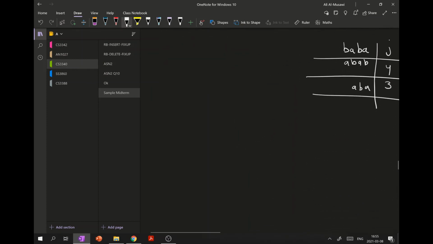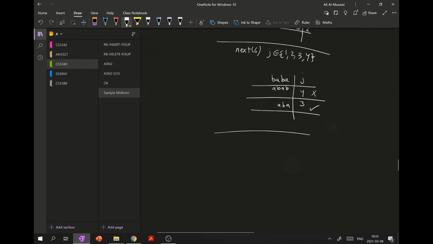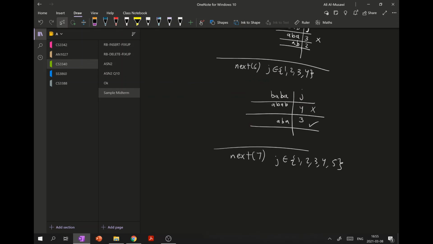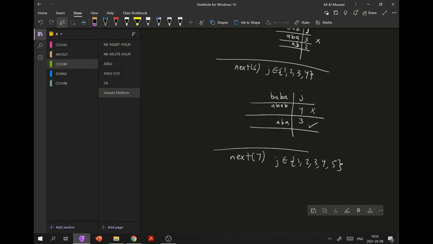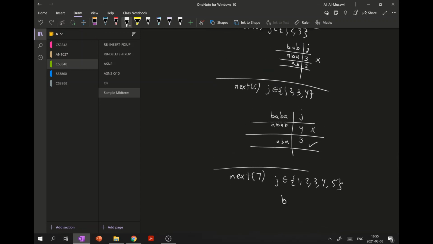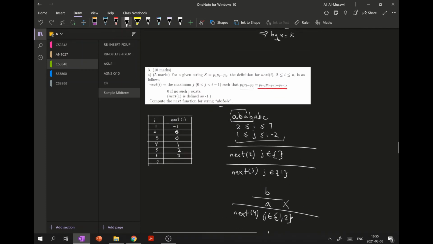Alright, and finally we do next of 7. For next of 7, we conclude that j ranges over the set 1, 2, 3, 4, 5. So then we start from the second letter as usual. So the second letter being B, right? And then we continue up until the thing before that.